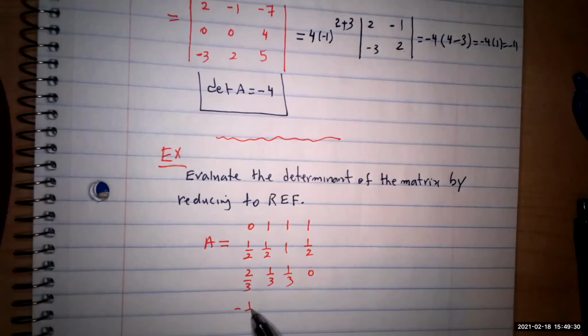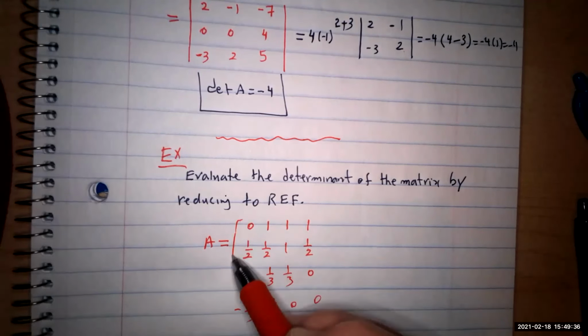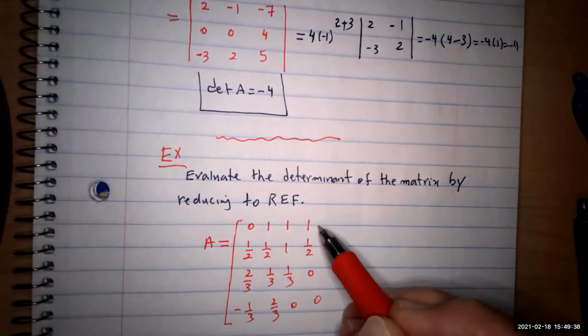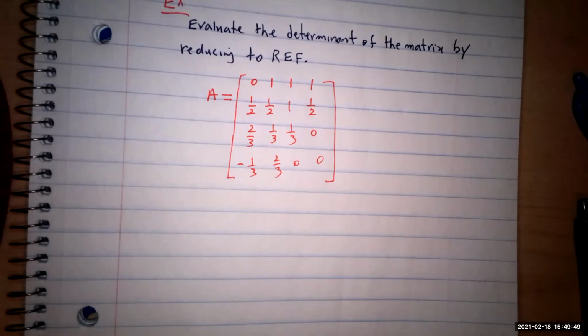And we have negative 1/3, 2/3, 0 and 0. You see that is going to be your matrix. It must be square to be able to do the determinant. So you want to change it to the row echelon form to get the determinant.